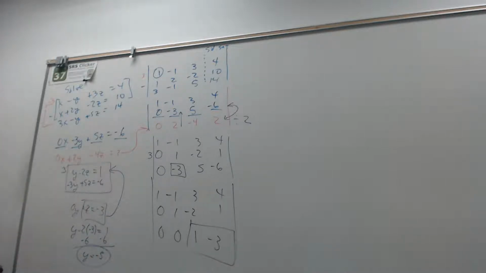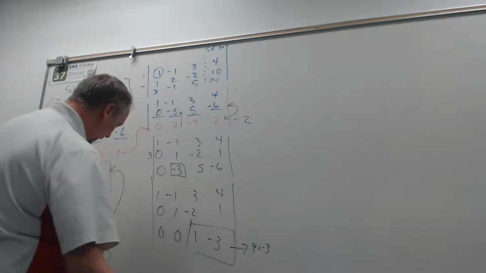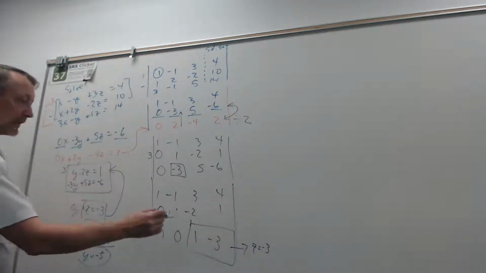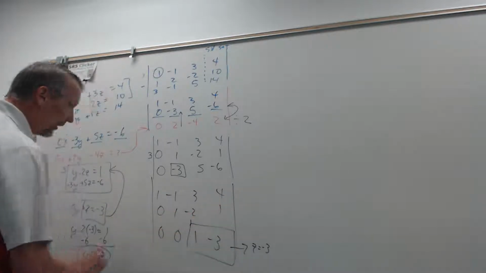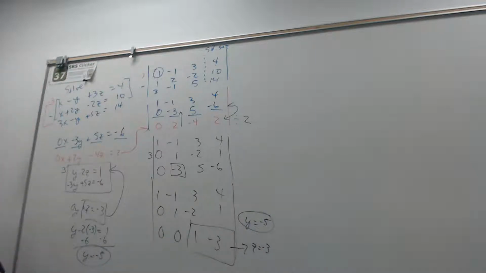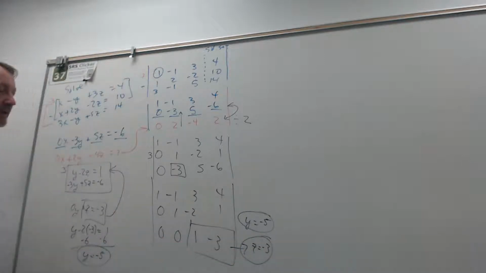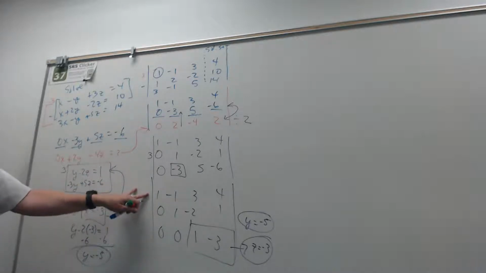Okay? I can do the same thing because this represents z equals -3. And when I plug it back into this equation here, I'm going to get y equals -5. Correct? If I've got z equals -3, y equals -5, I could plug it back into the top equation, right?